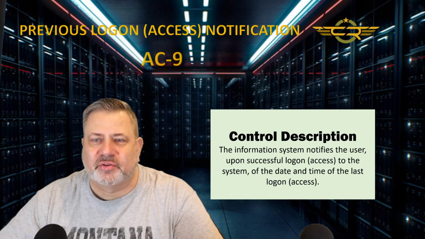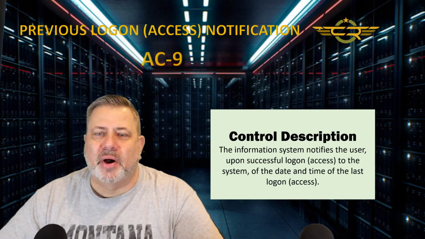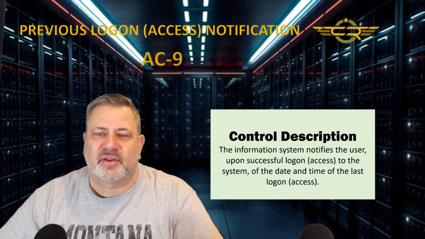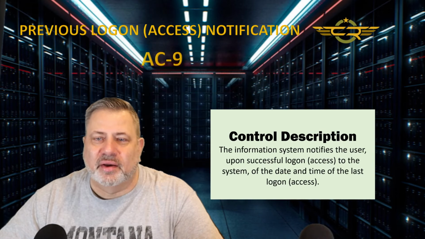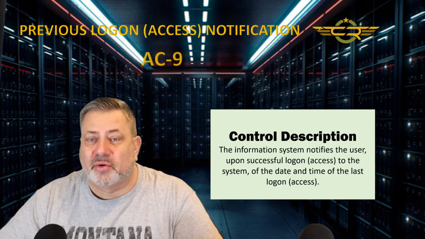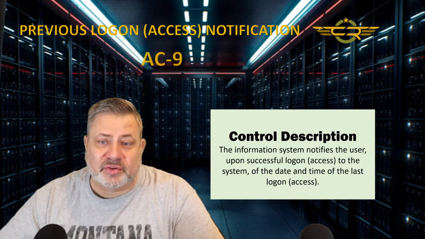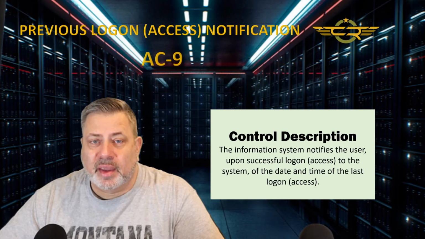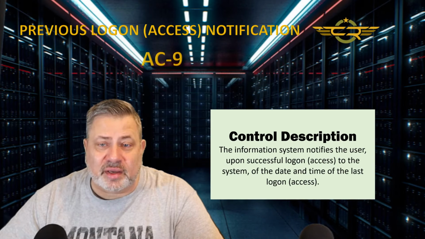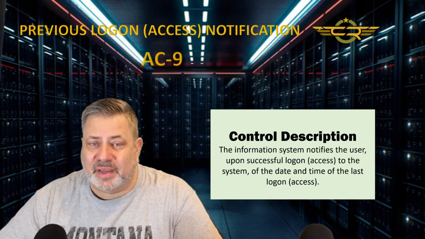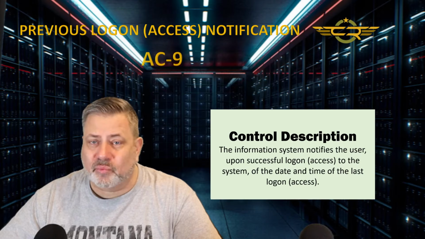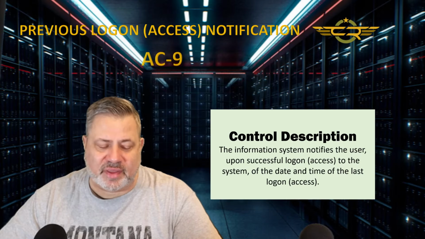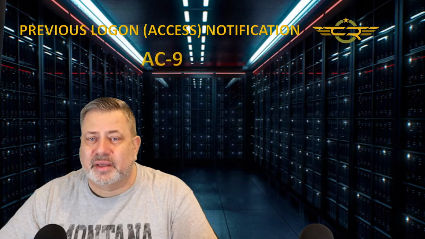The information system notifies the user, upon successful logon or access to the system, of the date and time of last logon or access. We want the system to tell us when we log into the thing, hey, last time you logged on was Tuesday, and it was successful, right? We're going to fine-tune all of that last little bit in the enhancement.